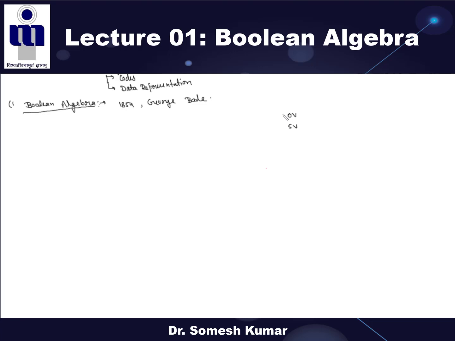There are two types of logic in digital electronics, positive logic and negative logic. I will tell you the difference between these two. At this stage you should know that in positive logic, 0 volt is defined by the number 0, while 5 volt is defined by the number 1.